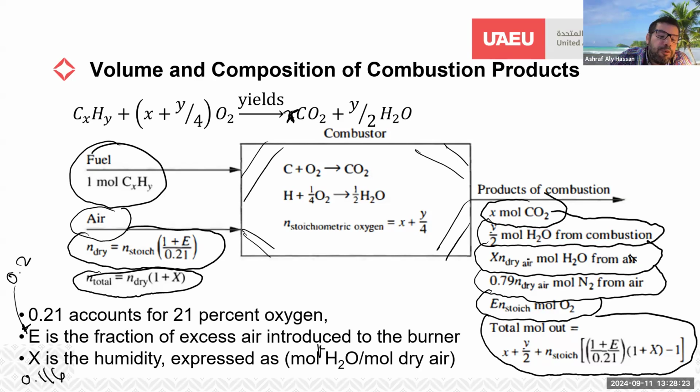So if we know what we are burning, and we assume 1 mole and we know the E and the X, we can directly calculate the N dry, N total, and then CO2, H2O, nitrogen, excess O2, total moles going out.